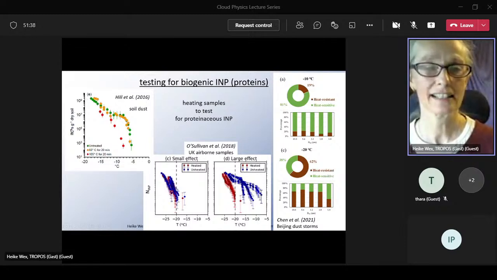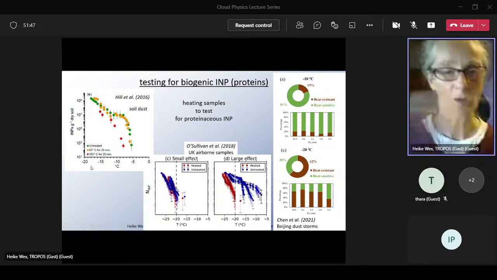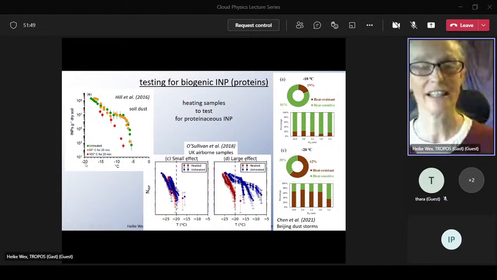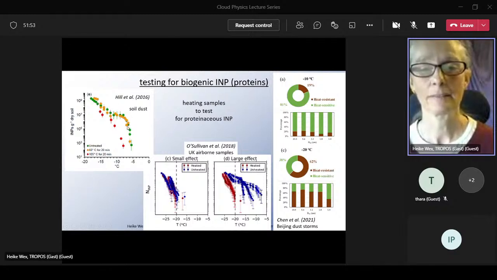You see a soil dust sample here, how many INPs, INP concentration in the sample versus temperature where it freezes. Temperature here now, from now on, always goes down towards the left. Sample had a high ice activity at high temperatures, stayed like this if it was heated only to 60 degrees, but if it was heated to 105, all of these INP here were destroyed.